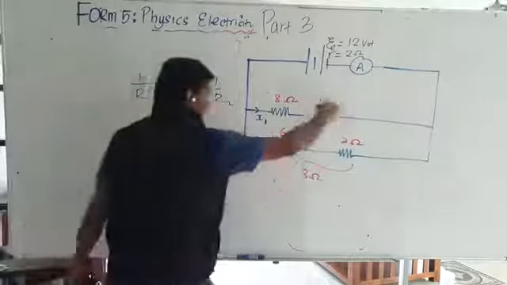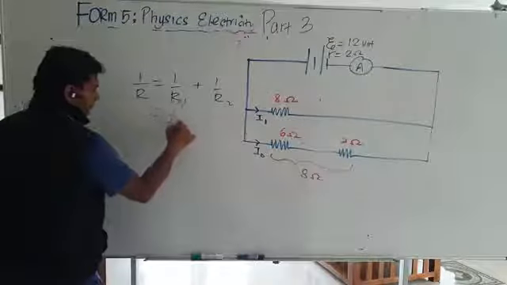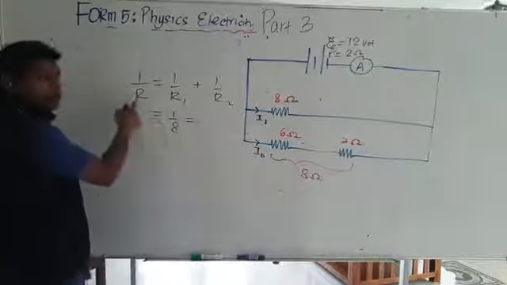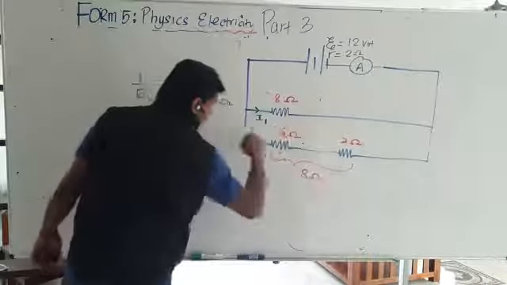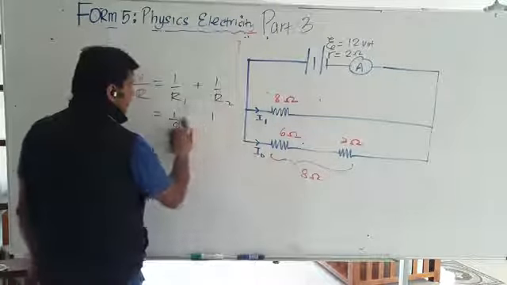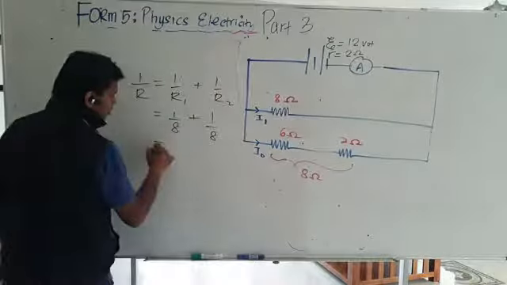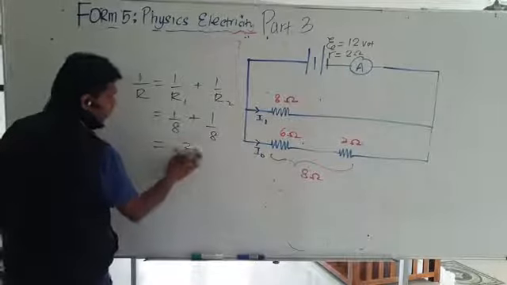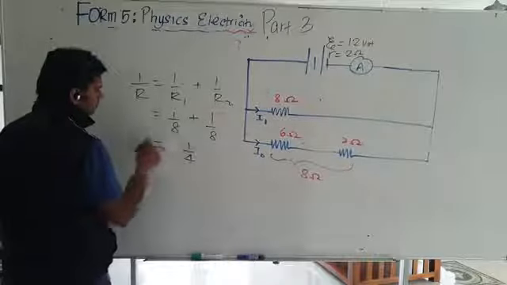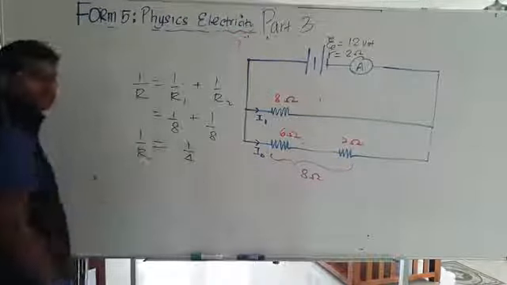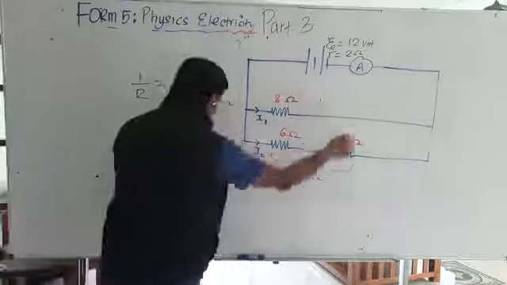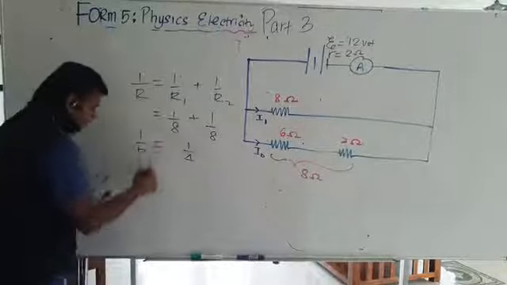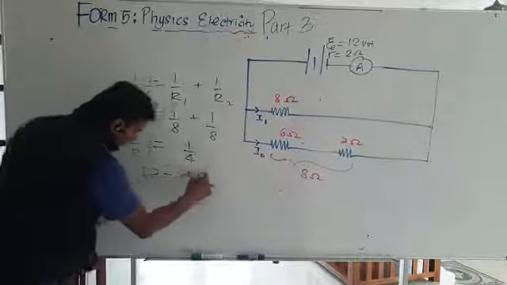Here's 8, and 6 plus 2 is already 8, so here also 8. So that's easy. You get 2 over 8, which is 1 over 4. Please check. But remember, to find the total, you must flip it over. Therefore, what is R? R is 4 ohm.